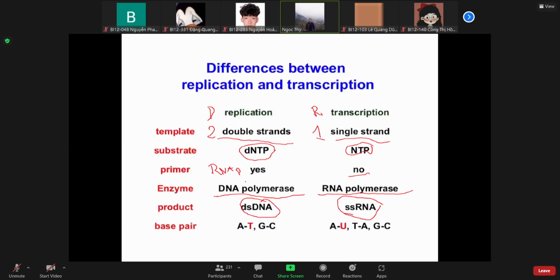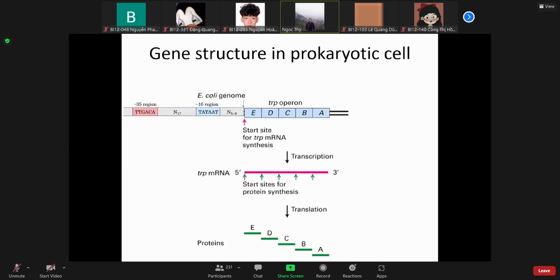So, coming to today's lecture. First, let's discuss how a gene is structured in the prokaryotic cell.